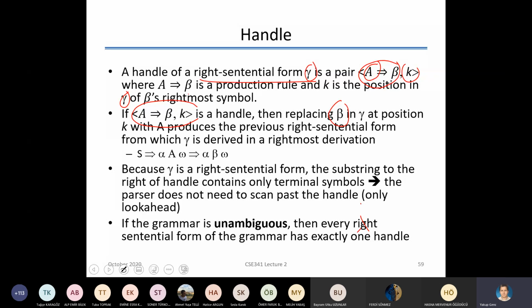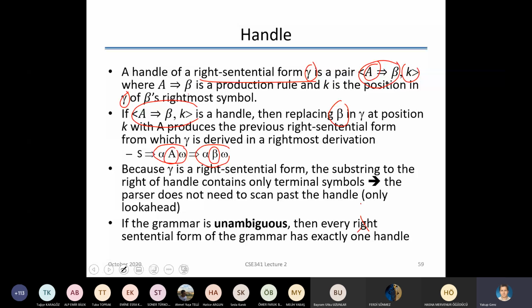So this is very simple. You are replacing this part with this part at this location. So you are doing rightmost derivation because you are going from here to here, right?